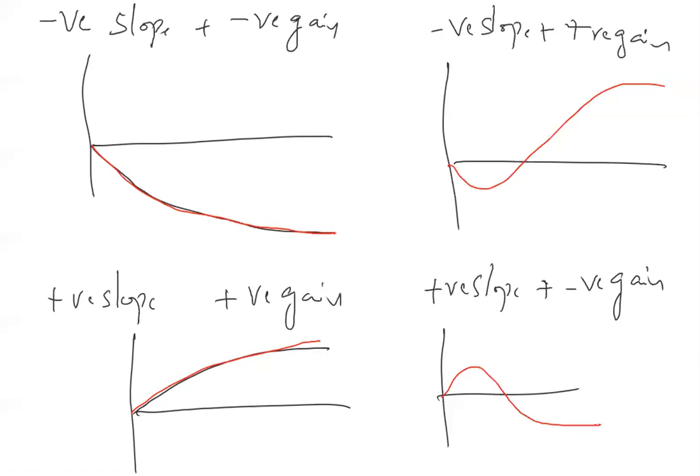In reality, a boiler is a negative slope and positive gain system. A boiler is an inverse response with positive gain system.